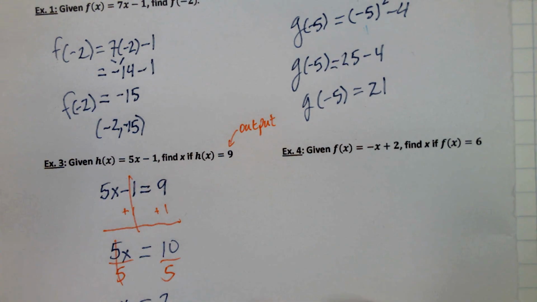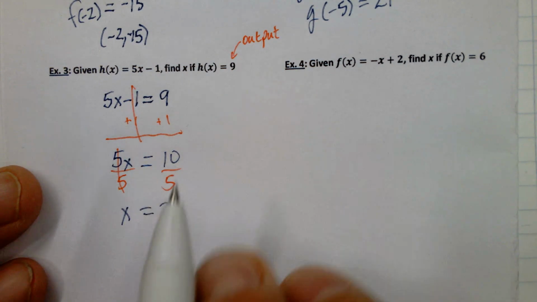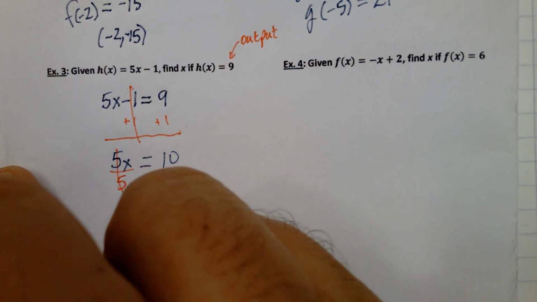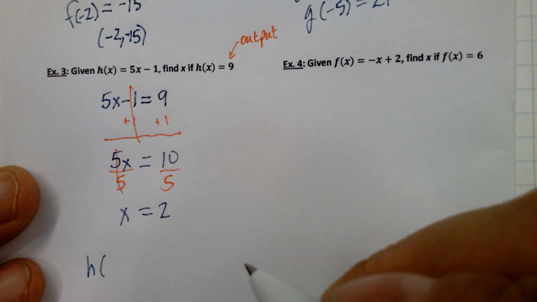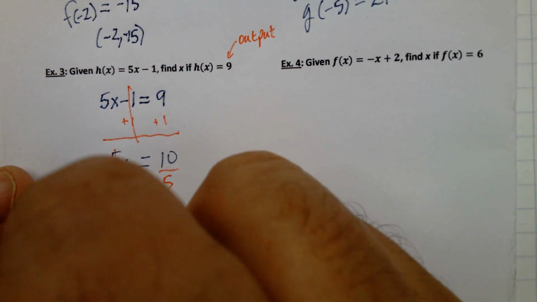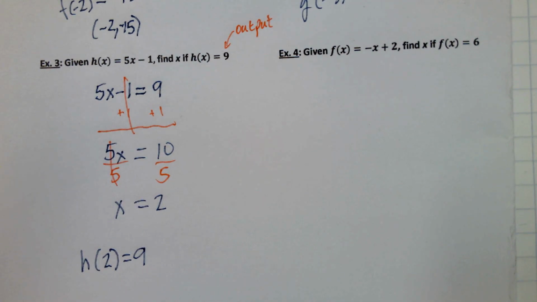So now we could say, notice this time they didn't use the variable f, they used h. H of what number? 2 equals 9. Yes? No, not right now. All right. Okay.